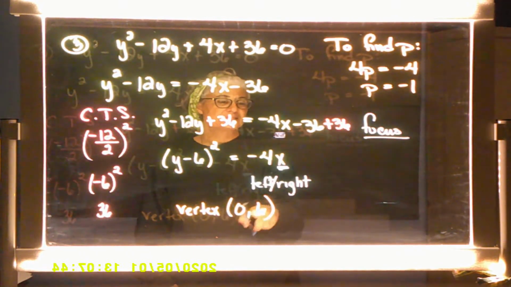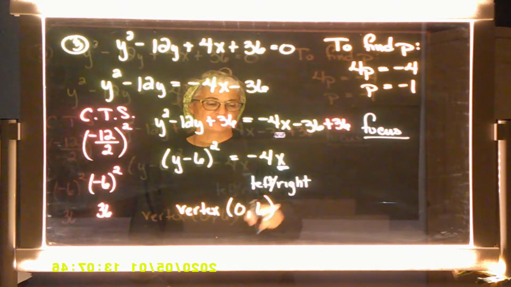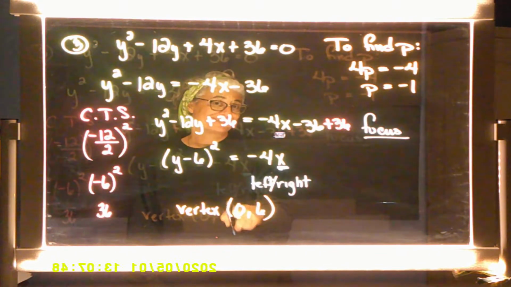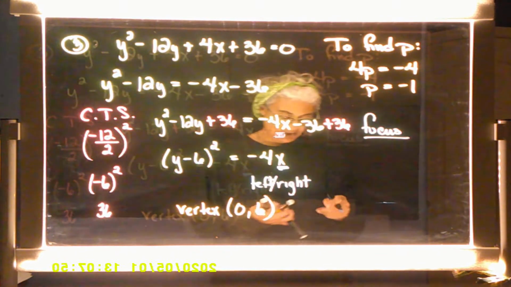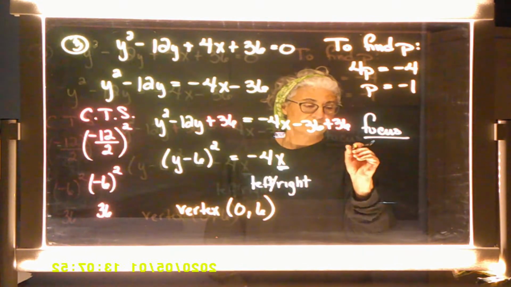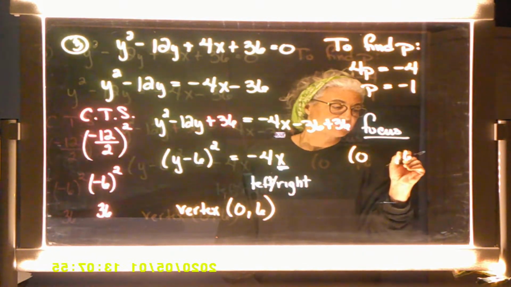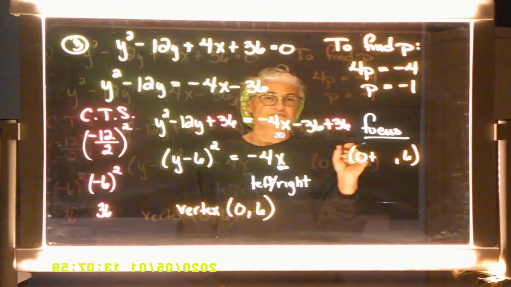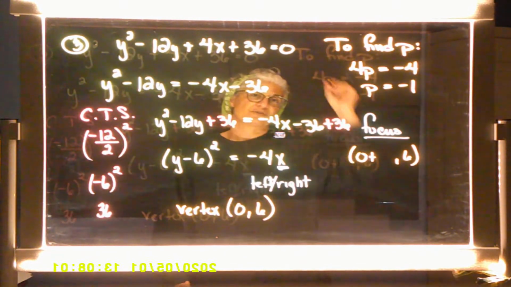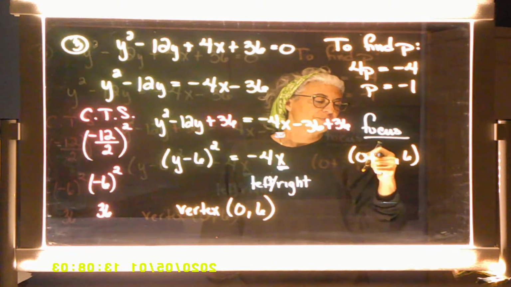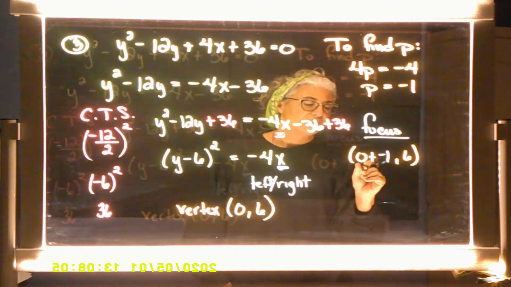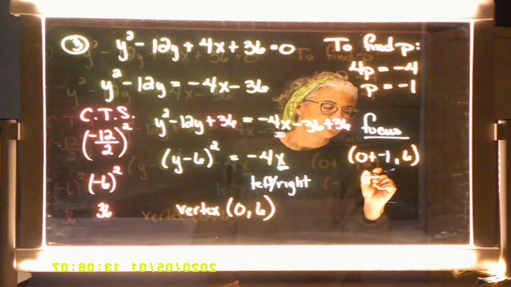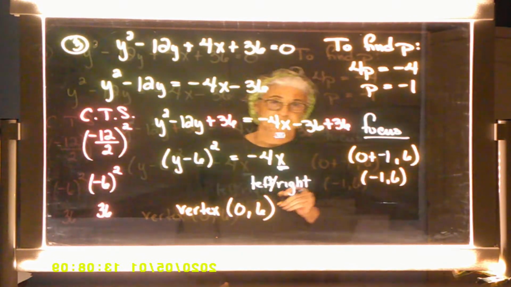Remember, since it's going either left or right, it's the x value that's changing, isn't it? So my vertex is 0, 6. And in this case, since you're looking for the focus, you go inside the parabola, so you're adding. I'm adding a -1, which means my focus will be -1, 6.